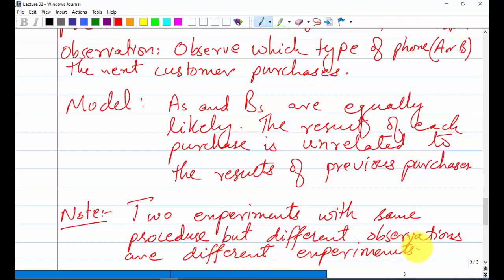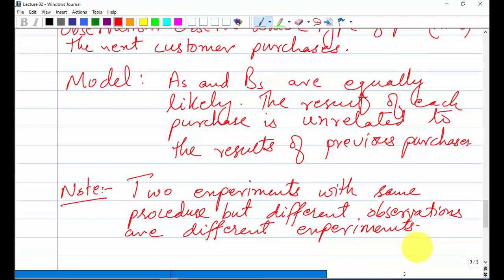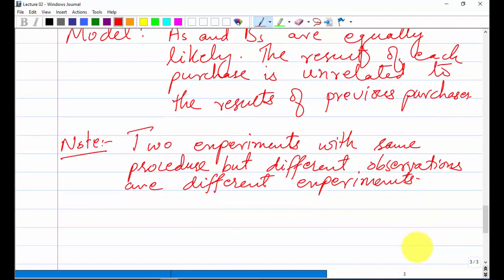So it means that if we have two different observations in a certain experiment, they will become two different experiments. So experiments are obviously based on some observation that we are going to make.